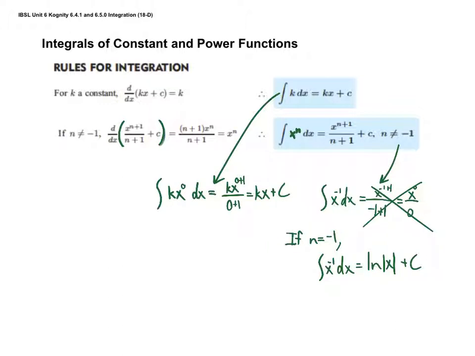So the constant term is actually kind of a special case of the power rule that we just looked at. So a couple of basic rules we're going to start with here, and we are on our way in integration.